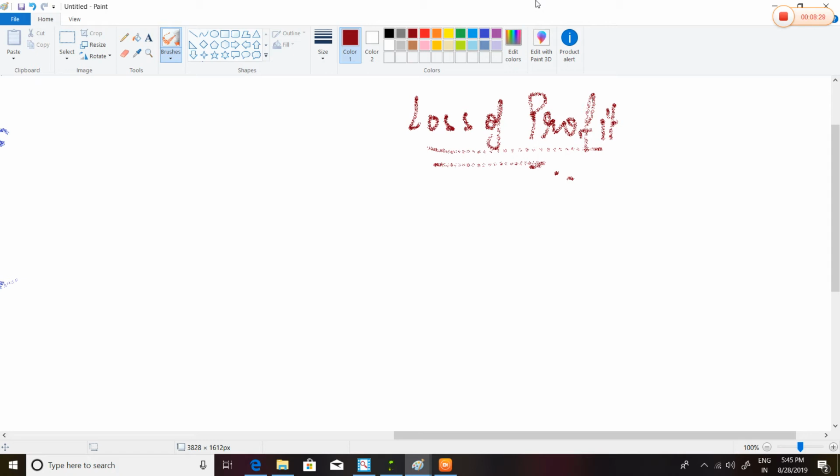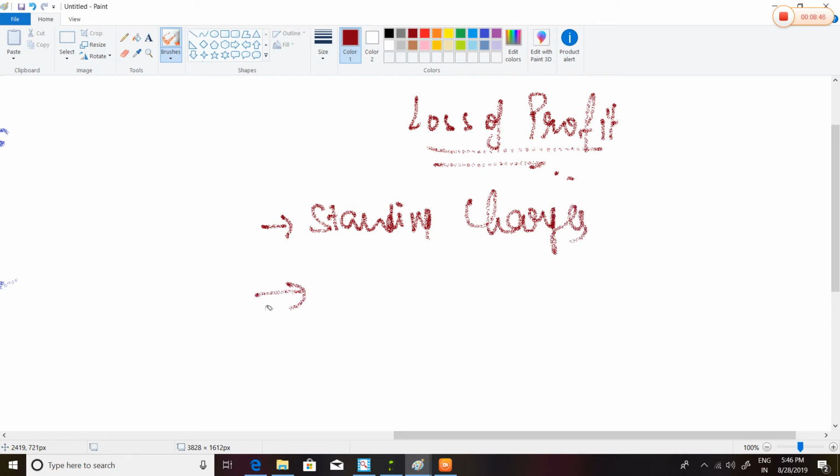Now there are certain terms in loss of profit, like standing charges. I hope you got the meaning of loss of profit. Next is indemnity period.